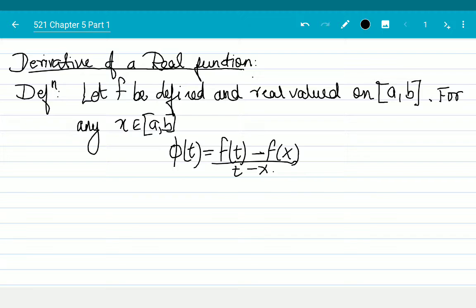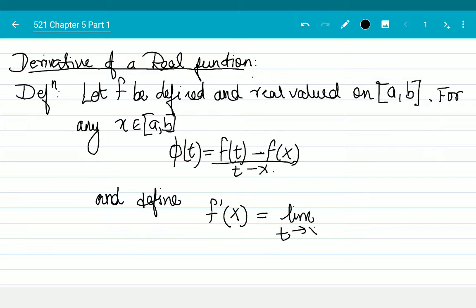Okay, and define f prime of x is equal to the limit as t approaches x of phi of t.